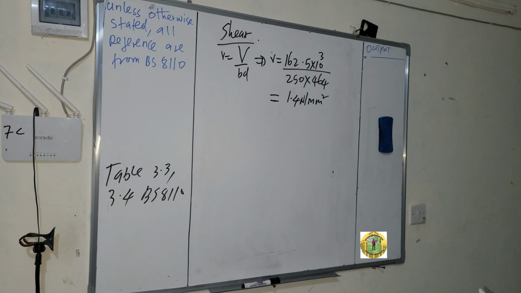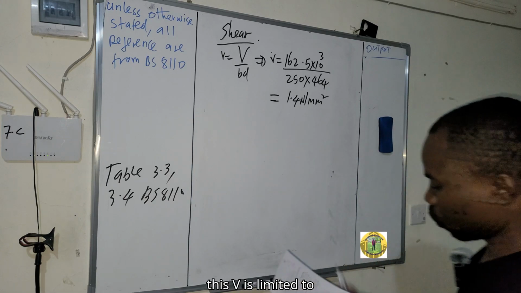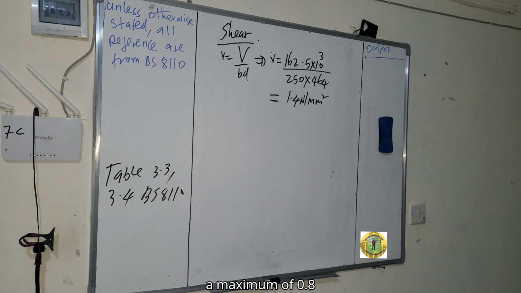So remember, this v is limited to a maximum of 0.8 square root of 35.